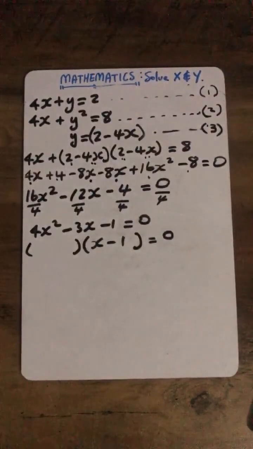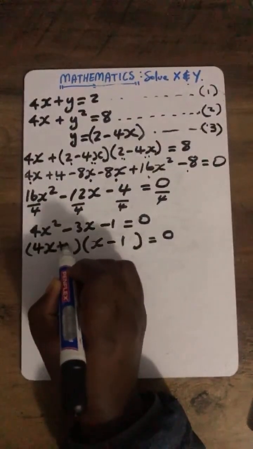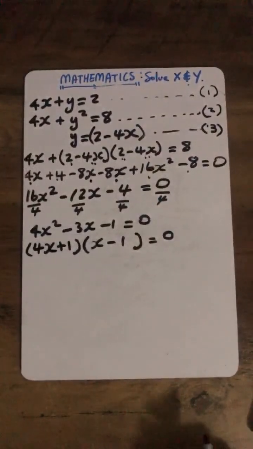I'm getting a quarter, meaning 4x plus 1. Yes, this is what I'm getting.